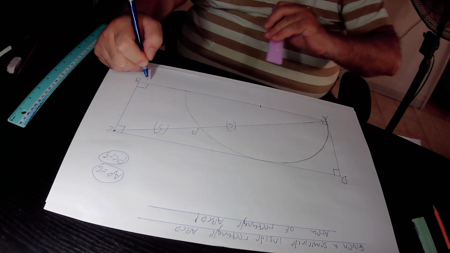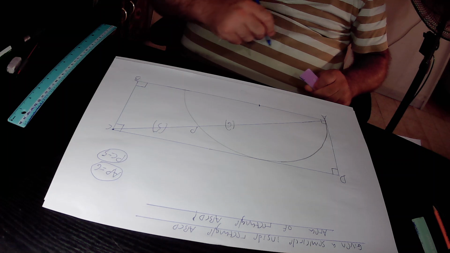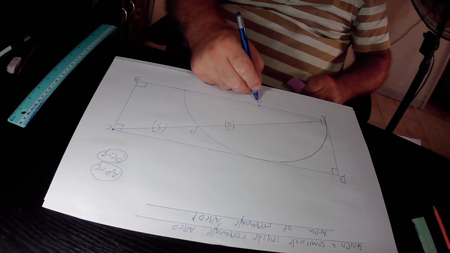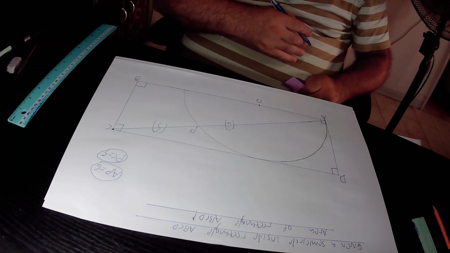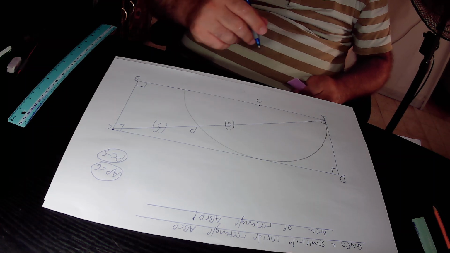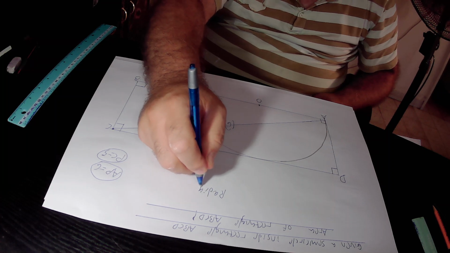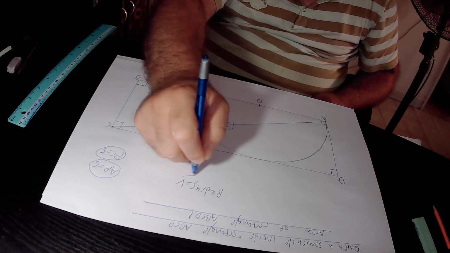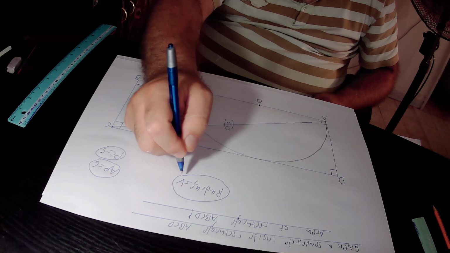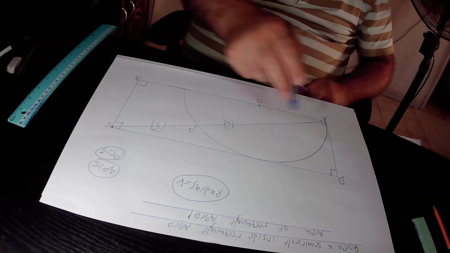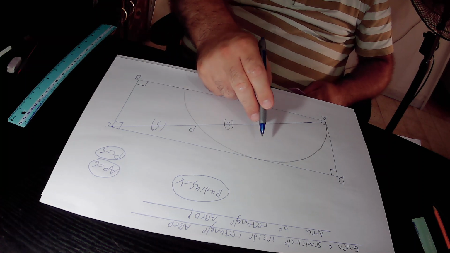So, in the next step, we'll define the center of this semicircle. This point is point O. We'll define the radius of this semicircle as x. We will define the point of tangency of tangent DC with this semicircle.